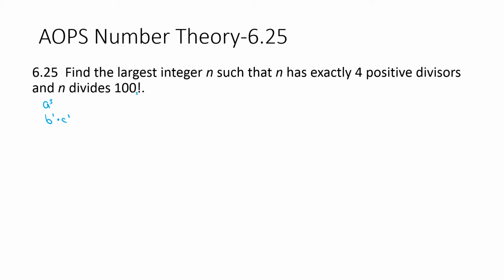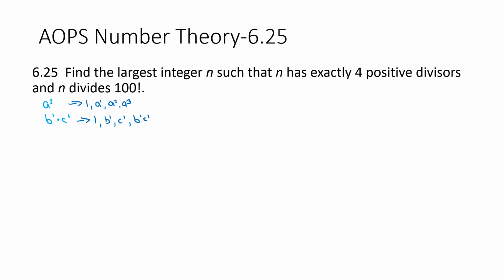Because if it's a to the power of 3, the divisors are 1, a, a squared, and a cubed. And if it's b times c, the divisors are 1, b, c, and b times c.